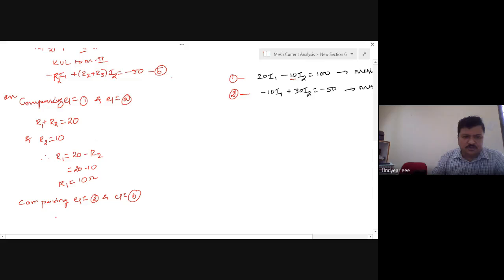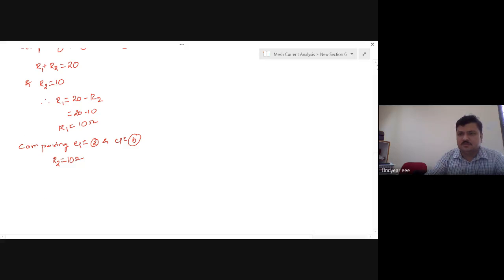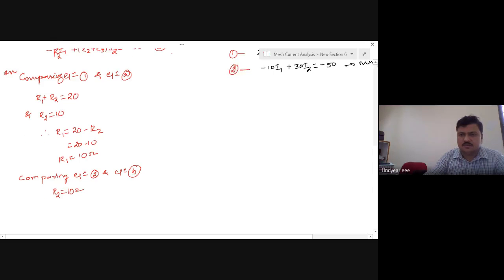So R2 is equal to 10 ohm, and R2 plus R3 is equal to 30.